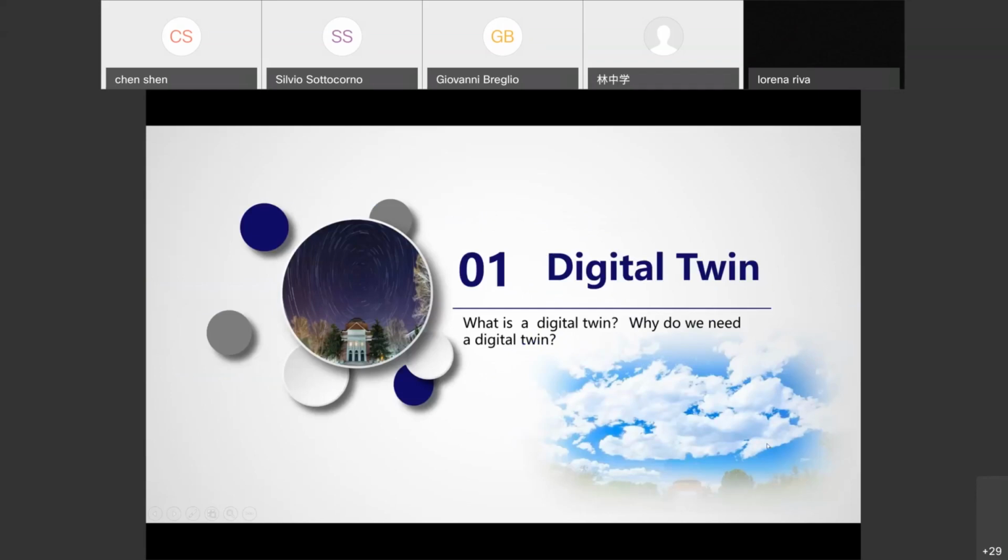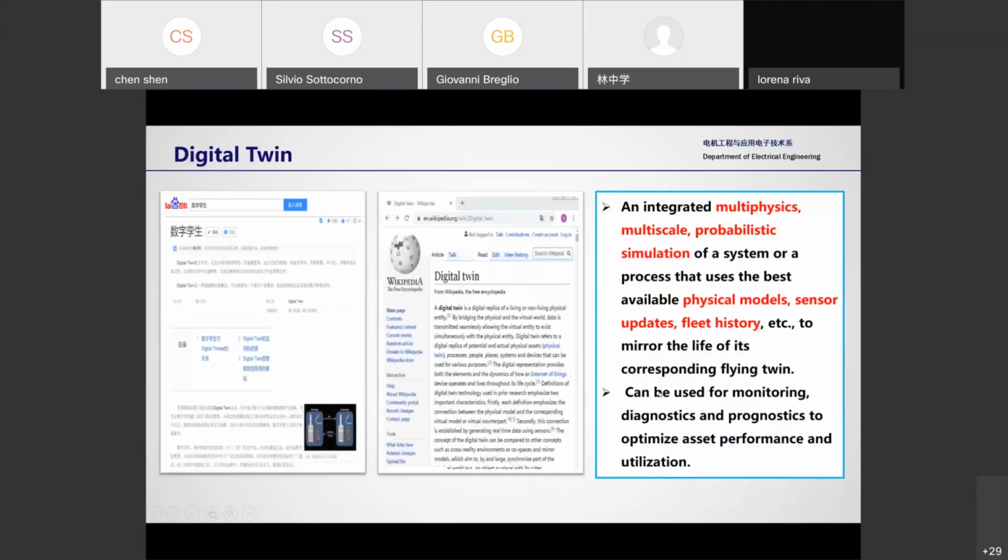First, let's see what a digital twin is and why we need a digital twin. If you go to Wikipedia or Baidu, which is a very commonly used search engine in China, you will find the definition of the digital twin.